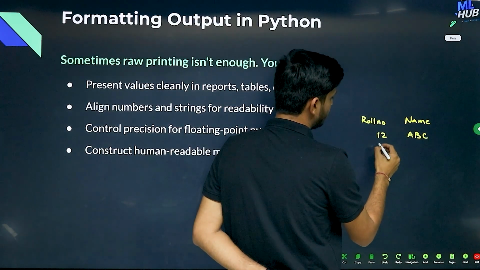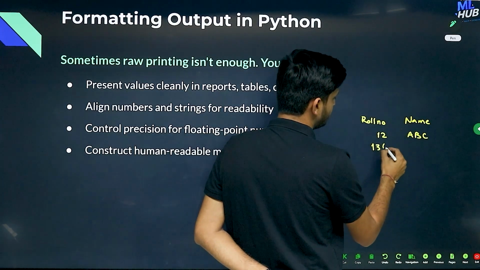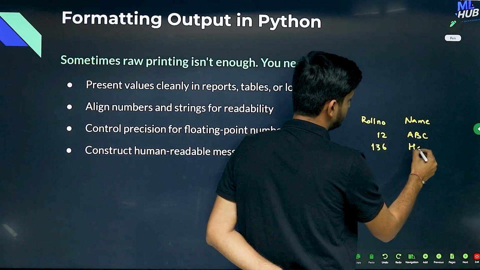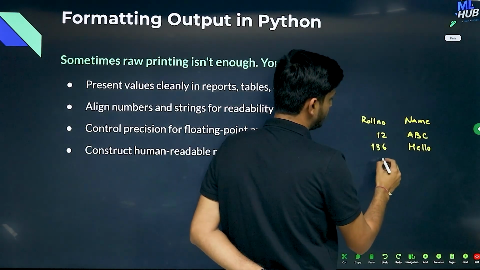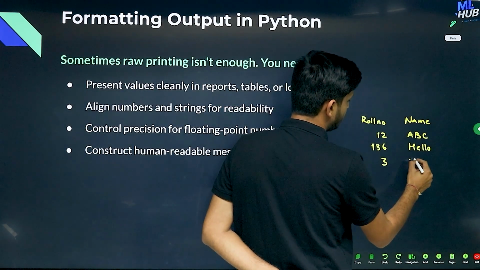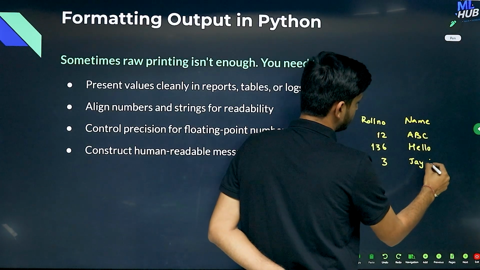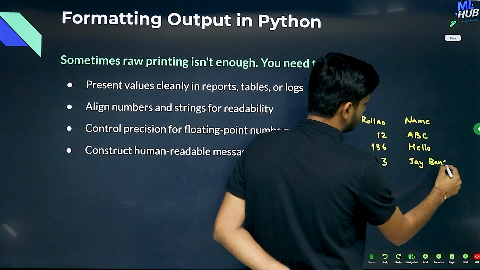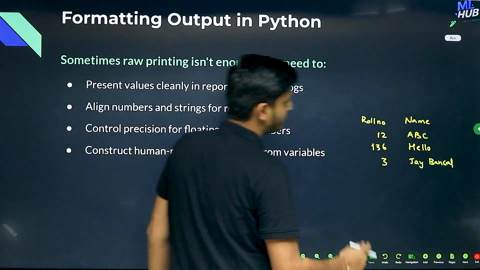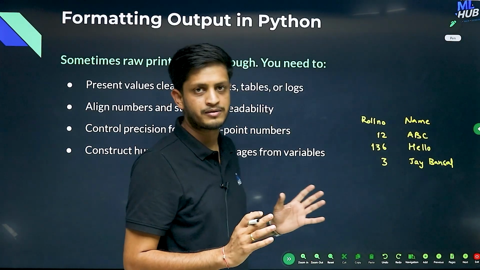And if the roll number is 136, then the name is hello. And if the roll number is 3, then I want to print the name as Jay Bansal, let's say. Okay, like this. I want to print it beautifully.